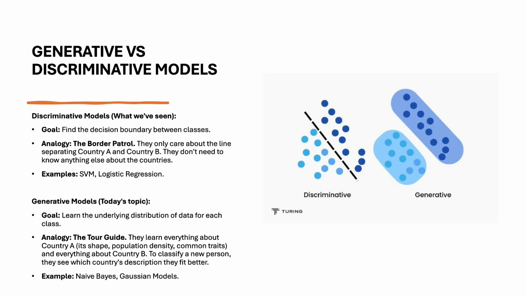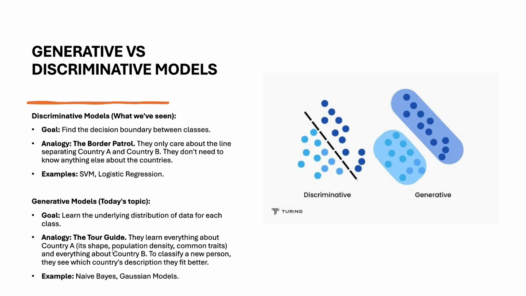So let's start with generative versus discriminative models. What is a discriminative model? That's what we've been talking about so far: all your logistic regression, your decision trees, how to find the line to separate two different classes. Now, generative models will try to find the distribution of a particular data, or the class within the data.